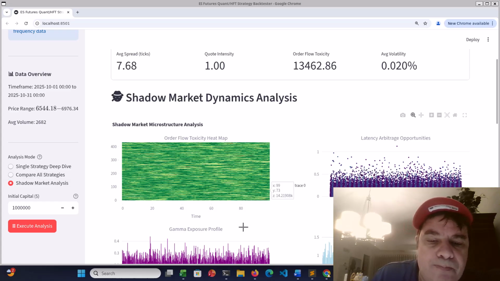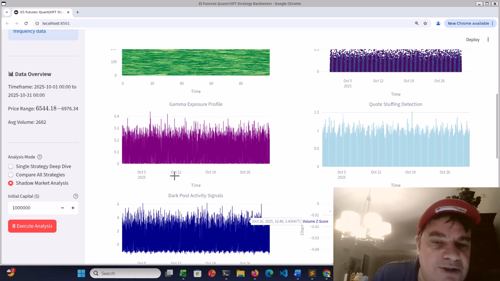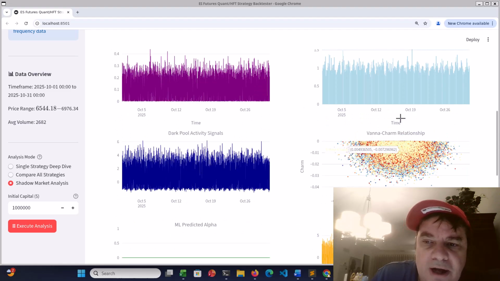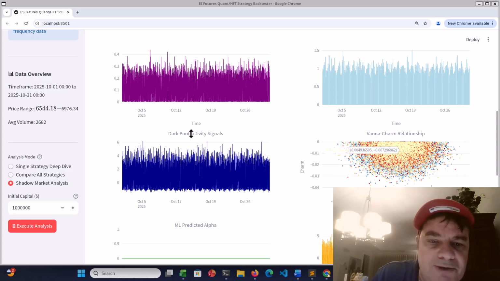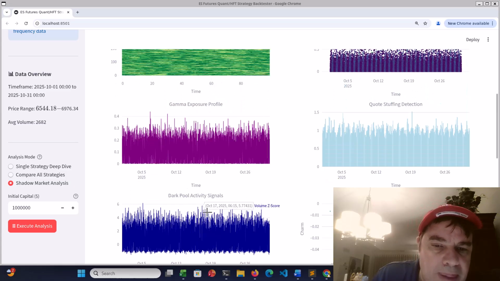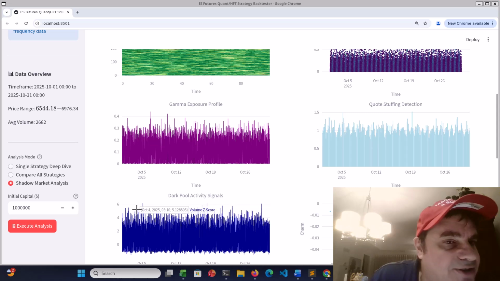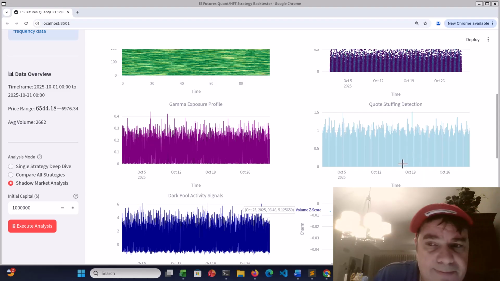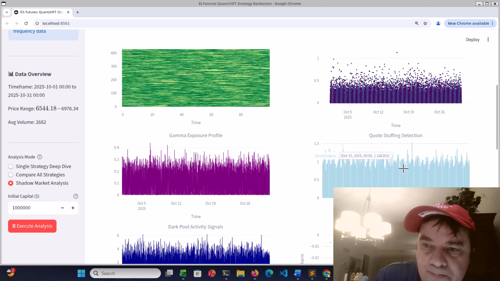We have here gamma exposure and all those different strategies we talked about. We've got dark pool activity signals. Okay. Remember, this is simplified and under the conditions that I mentioned that the AI wants us to remember.